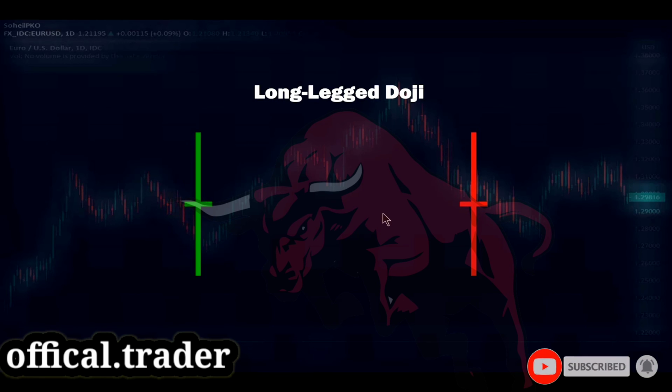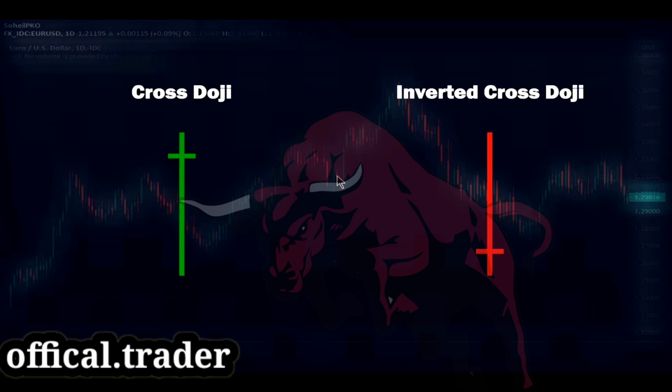Cross doji and inverted cross doji. Cross doji is similar to hammer and hanging man, and inverted cross doji is similar to inverted hammer and shooting star. The only difference is that here in cross doji and inverted cross doji, the open and close are approximately equal, and we don't have any activity between open and close, which shows a greater amount of indecision.